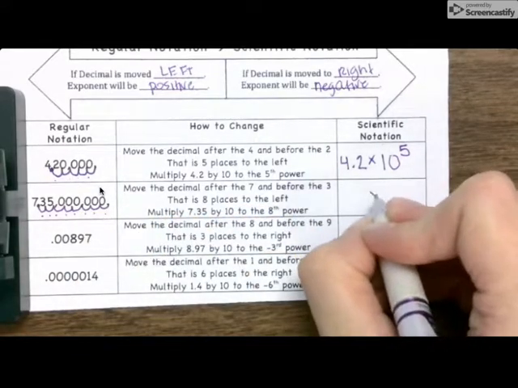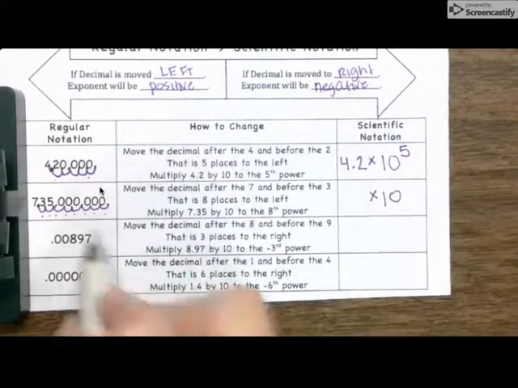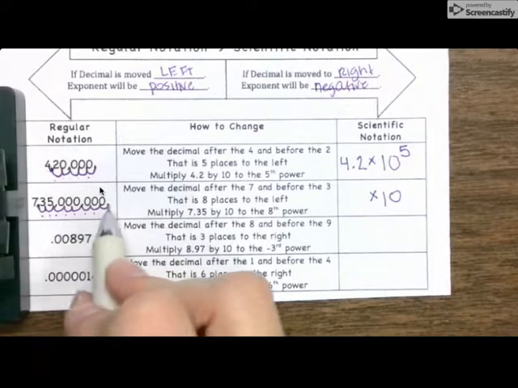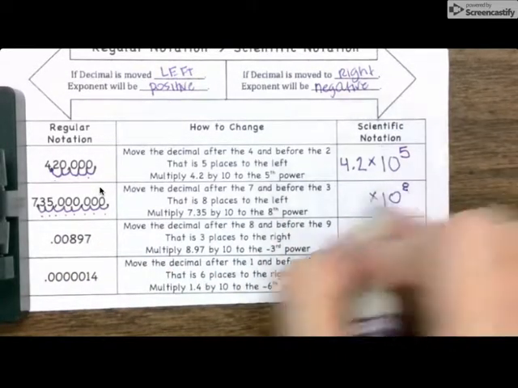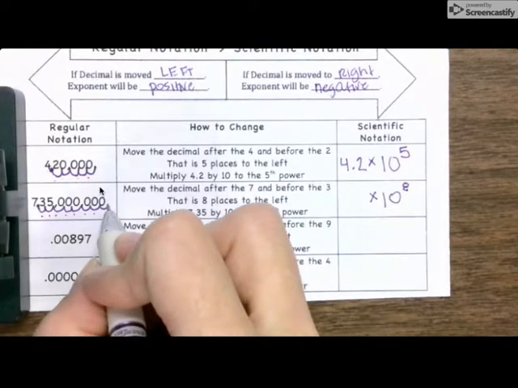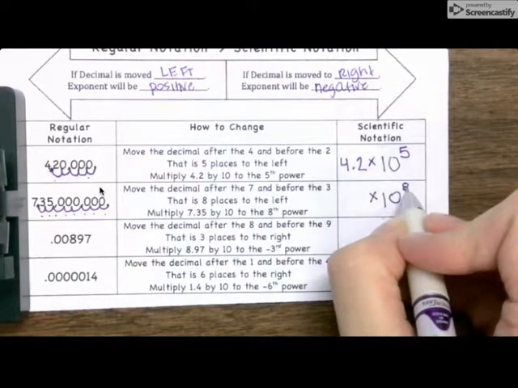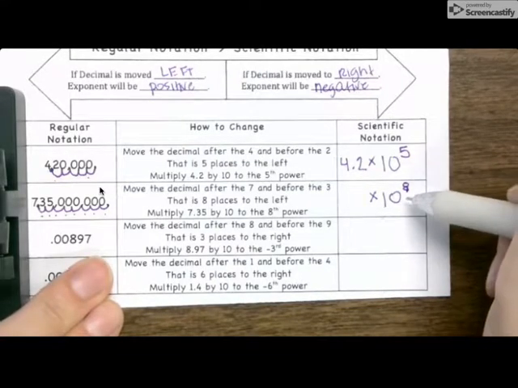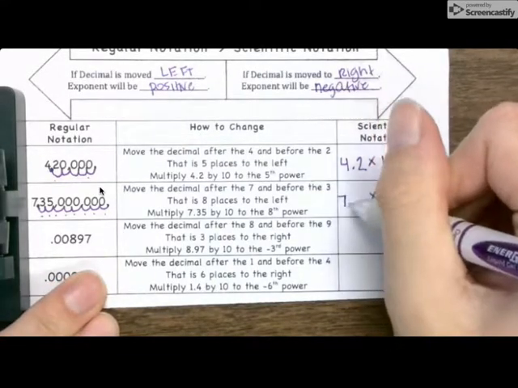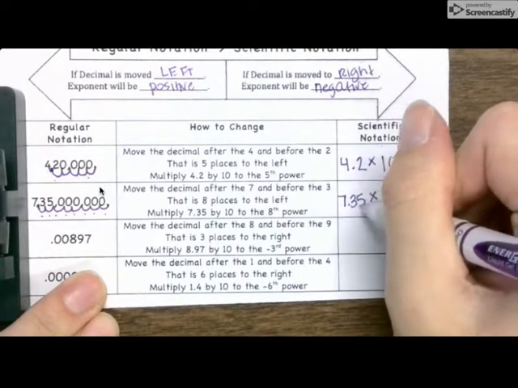All right, so this is times 10, and from the old to the new was left, so it is positive. So this is times 10 to the 8, and I just keep my 7.35.